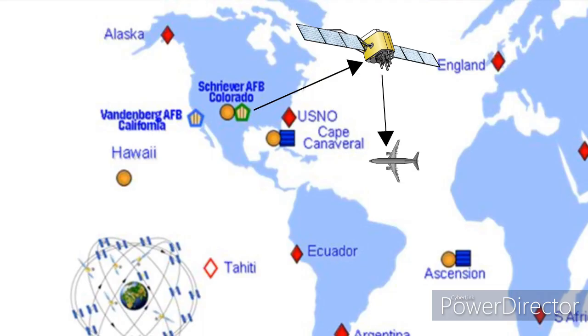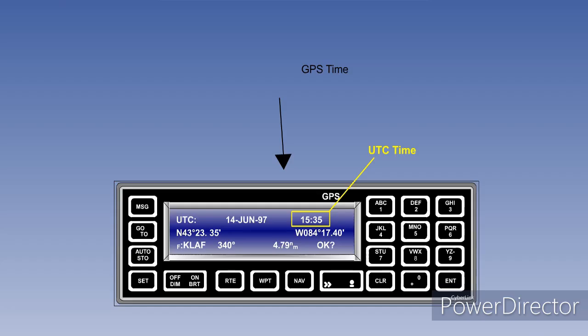Clock correction information is passed from the master station via satellite to the user to correct for any residual SV timing error. Since the aircraft equipment also needs to know the start time of the transmission, it requires its own clock. This clock is not as accurate as the satellite's atomic clock, but this problem is resolved as part of the signal process, and SV time is converted into GPS time.